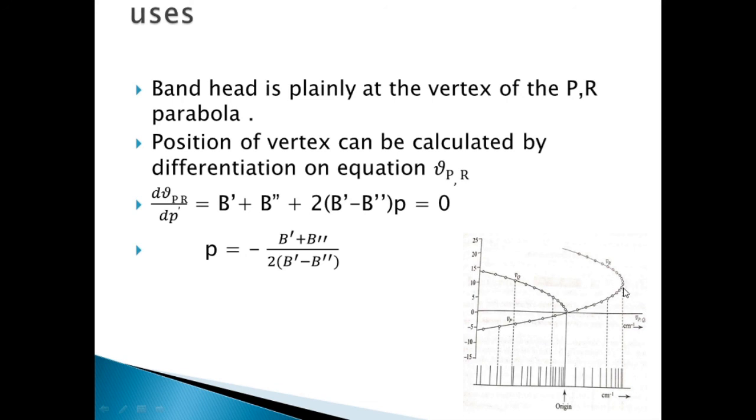The position of the band head can be calculated by differentiating the equation nu PR with respect to P. So d nu PR by dP equals 0. Then the equation becomes (B prime plus B double prime) plus 2 into (B prime minus B double prime) into P, and P equals (B prime plus B double prime) divided by 2 into (B prime minus B double prime).